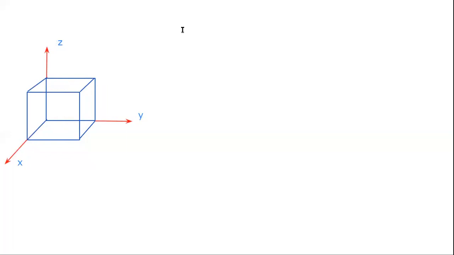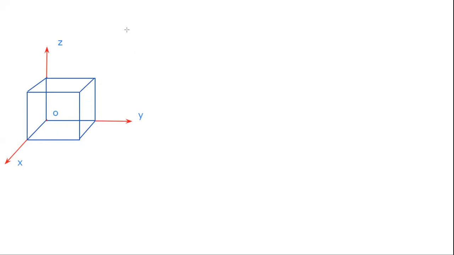Then indicate the origin. This point is the origin, indicated with O. You can indicate it with points also. So this is the X, Y, Z axes and the origin that you indicated.